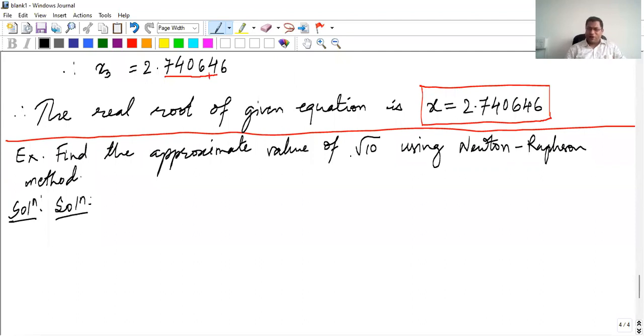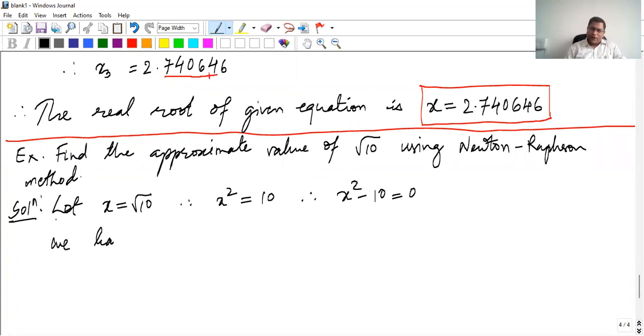Let x be equal to root of 10. So x square is equal to 10, which means x square minus 10 is equal to 0. So x is going to be the root of 10 that we want to find.